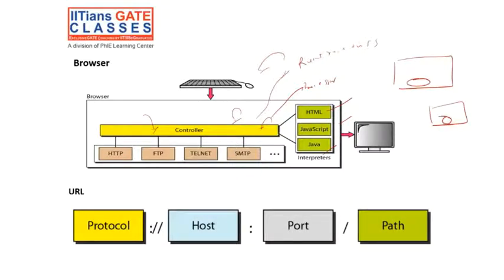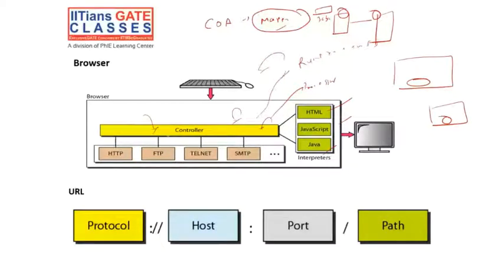Controller is a generic term for processing. Remember in computer organization, we studied mapping techniques, right? For mapping from cache memory to main memory, we need a cache controller and a main memory controller, which understands the cache index or 32-bit word. So controller is a generic word for processing normally. HTML, JavaScript, Java, interpreters are the part of the controller.